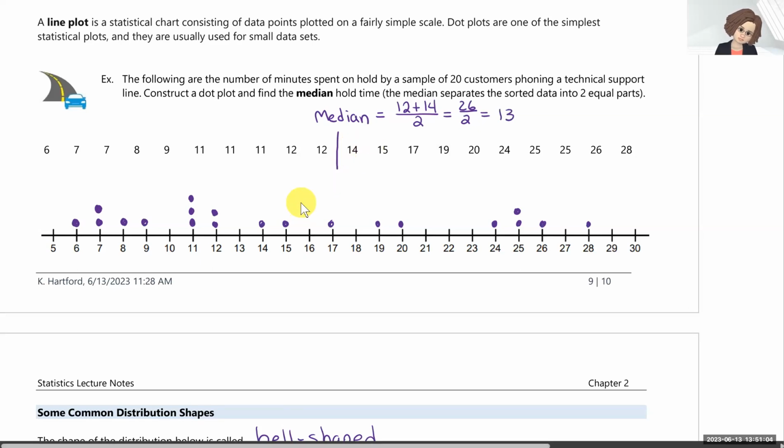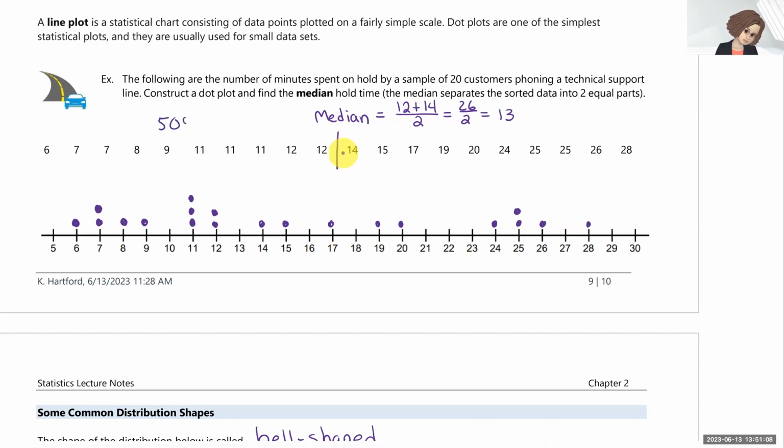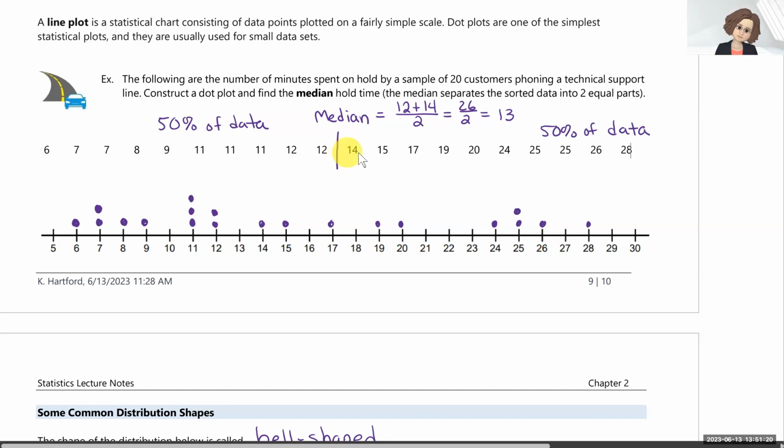So the idea here is that the median separates your data into 2 parts. So 50% of the data is to the left of the median, and then the other 50% of data is to the right of the median. And I can see when I graph it to scale on the line plot or dot plot that the median of 13 is here.